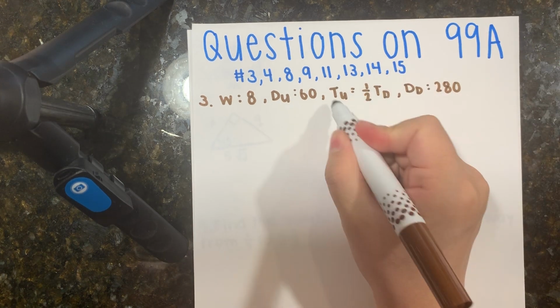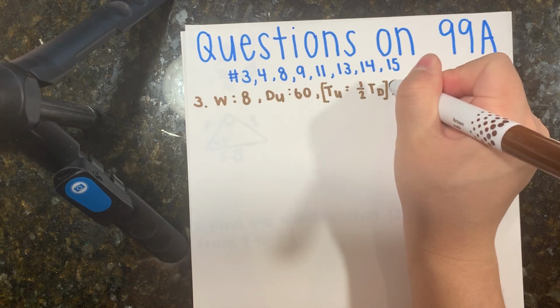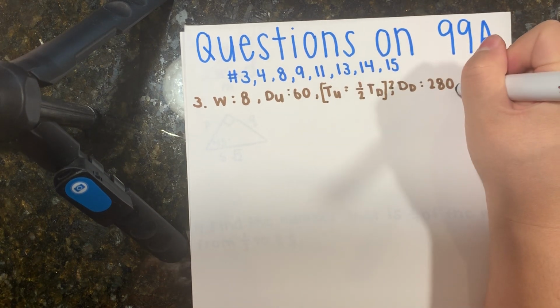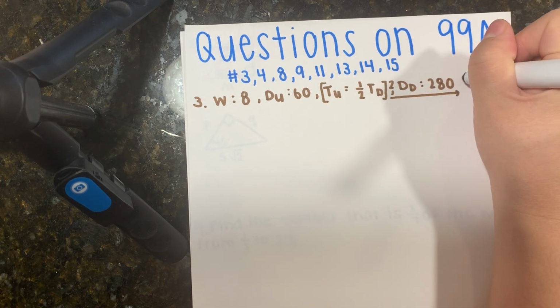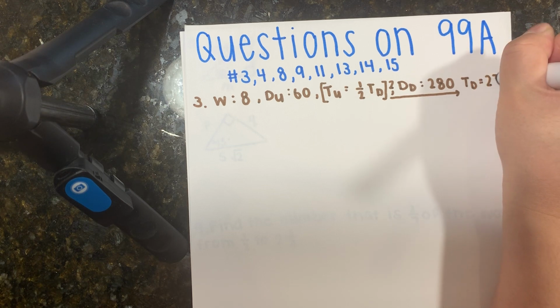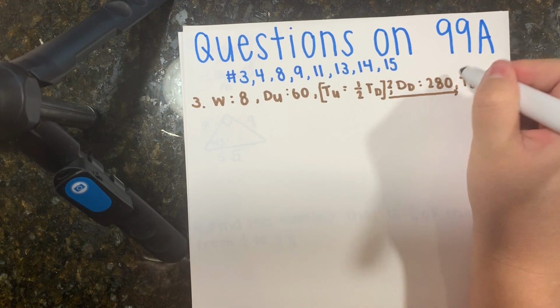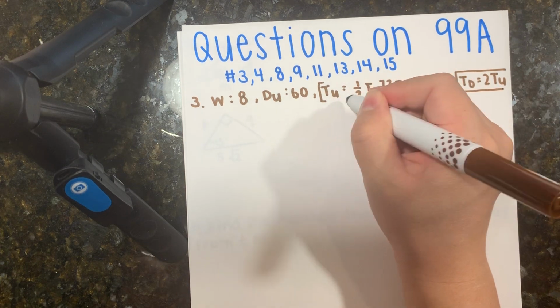I'm going to change this equation so that it doesn't have a fraction. So I'm going to multiply this whole thing by 2, which means that I would end up getting TD is equal to 2TU. So this is the one that we're actually going to use. Over here, we're not going to use this one.